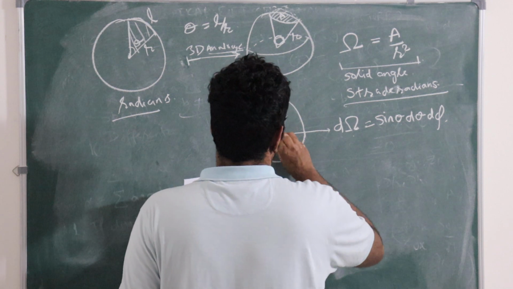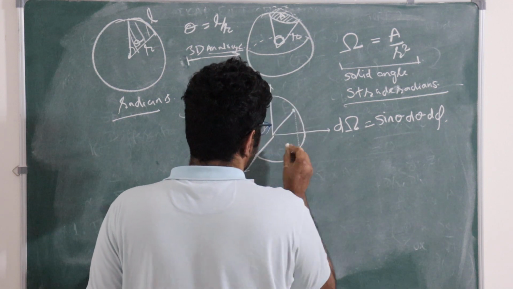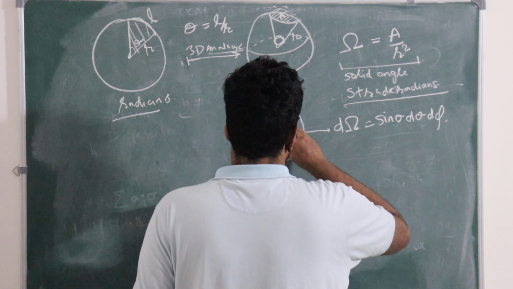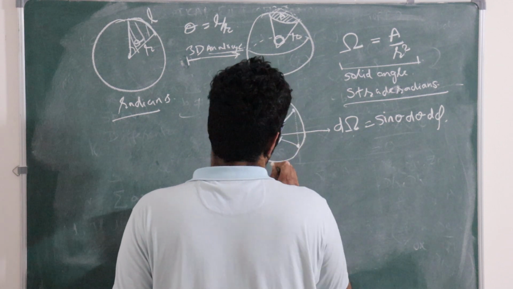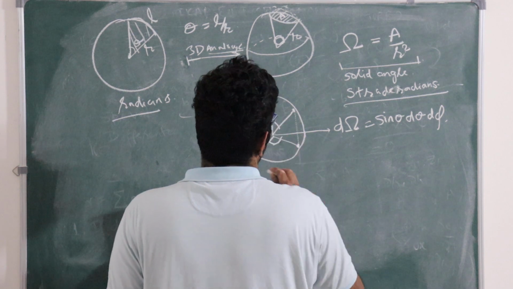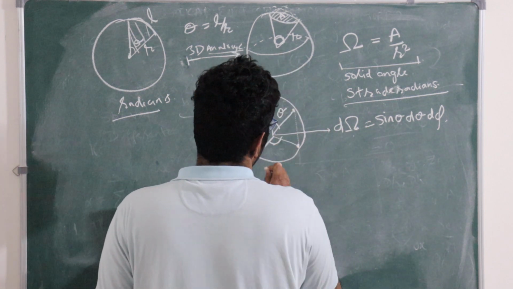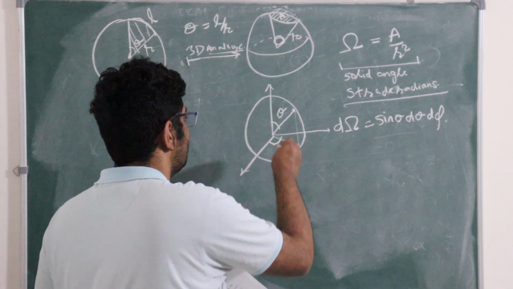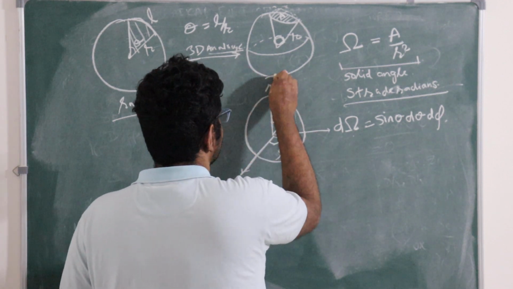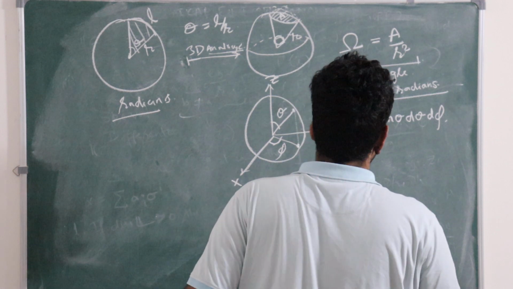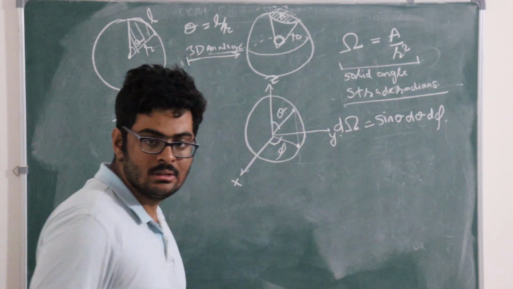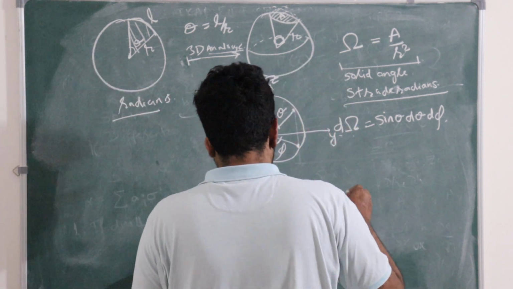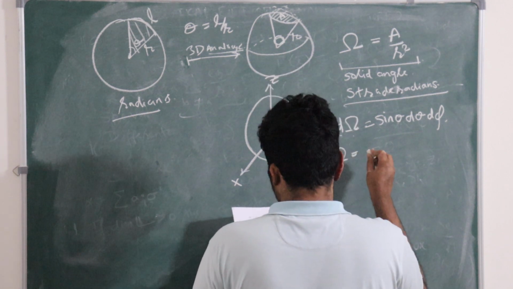Theta is the co-latitude, measured from the z-axis, and phi is the angle from the x-axis, and this is the y-axis. That's the notation that I'm using.